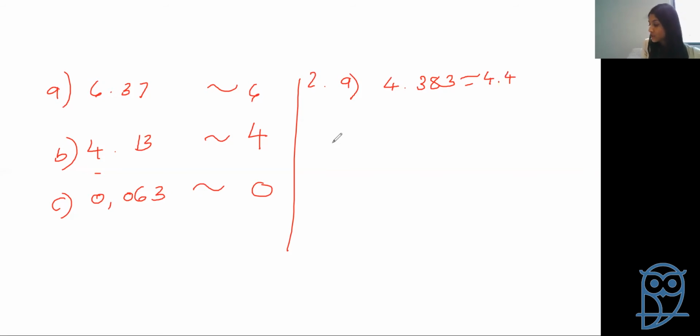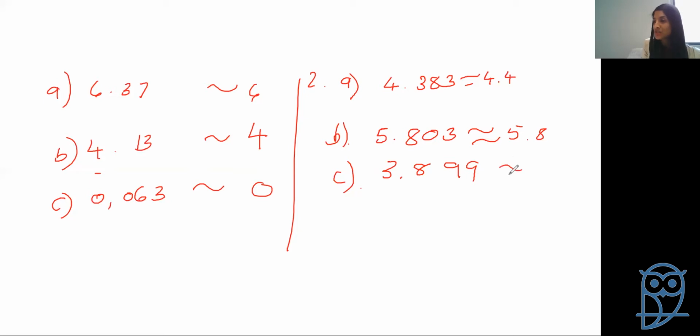Then I'm going to do another number, 5.803. To 2 decimal places, that will be 5.80. And then I will do one more, 3.899. To 2 decimal places, that will be 3.90.